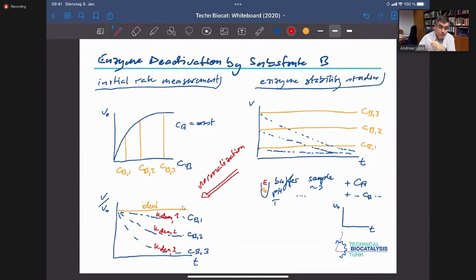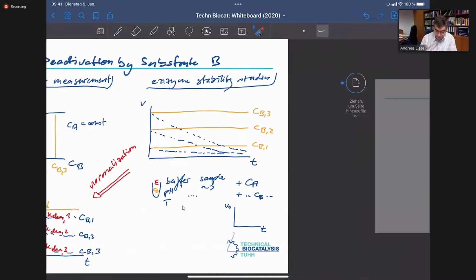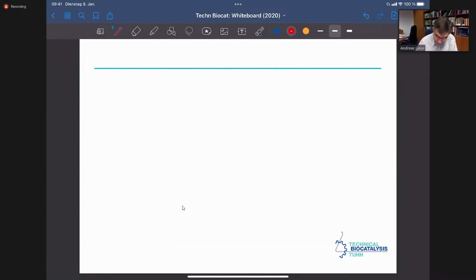And to do so, what we're doing now in the following step, is that we're taking these values of the deactivation constant and we're going to express them as function of the concentrations of B, the concentration of our substrate that initiates the deactivation. And that is in the end, next step that we are now doing.